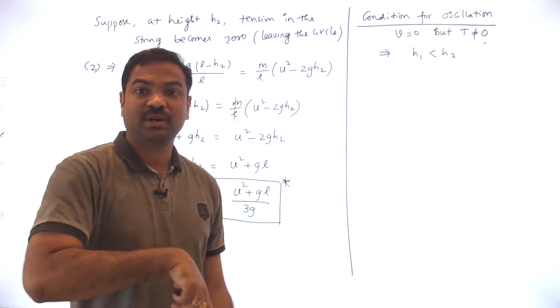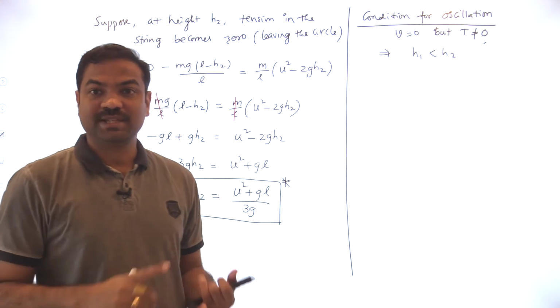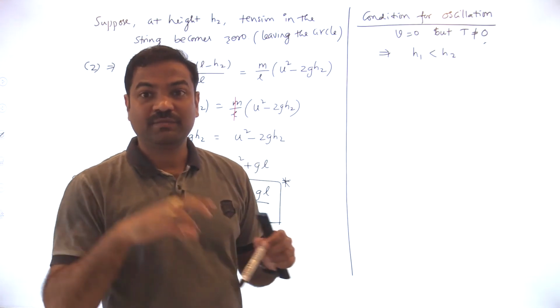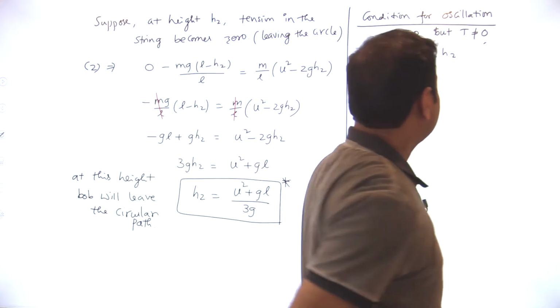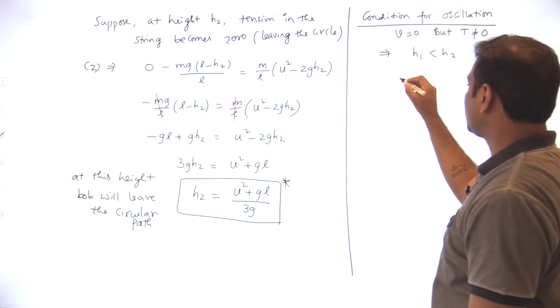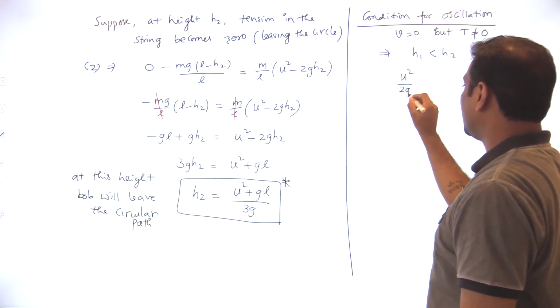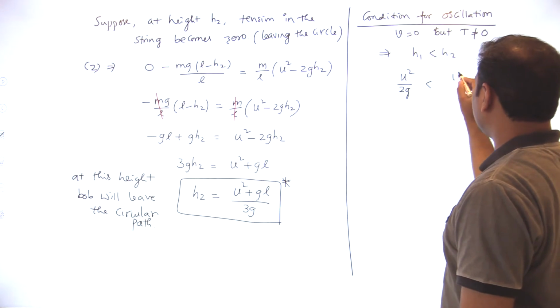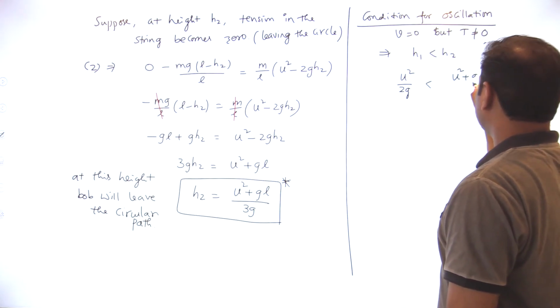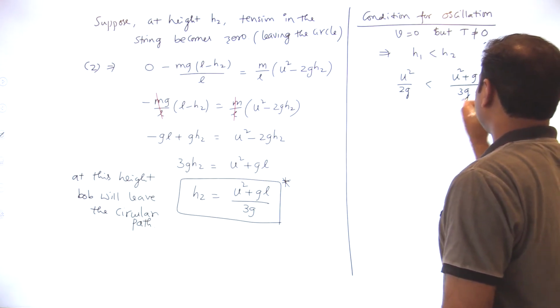Then which height will the bob or pendulum cross first? As h1 is less than h2, the pendulum will cross the h1 height first. Then h1 is less than h2. What is h1 less than h2? u square by 2g is less than (u square plus gL) by 3g.